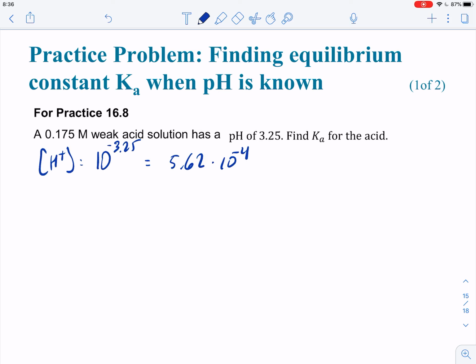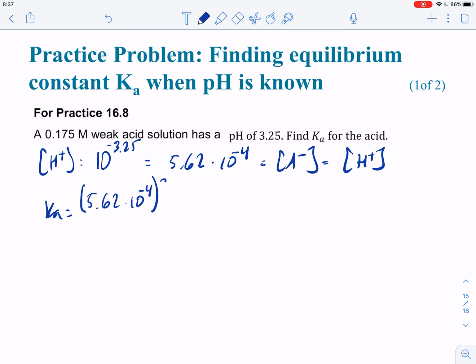So in this particular case then, Ka is equal, again, the concentration of H plus, they are equal. That's why here on top, when we do this, you get a square divided by the initial concentration, which is 0.175, and this is going to be equal to 1.8 times 10 to the negative 6. Okay, this is Ka.